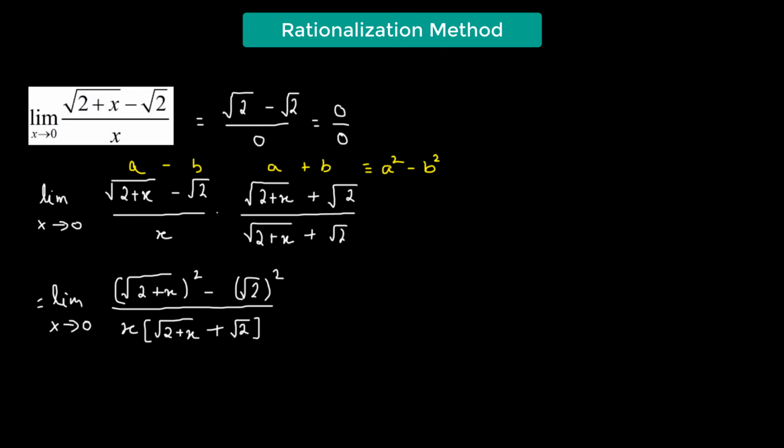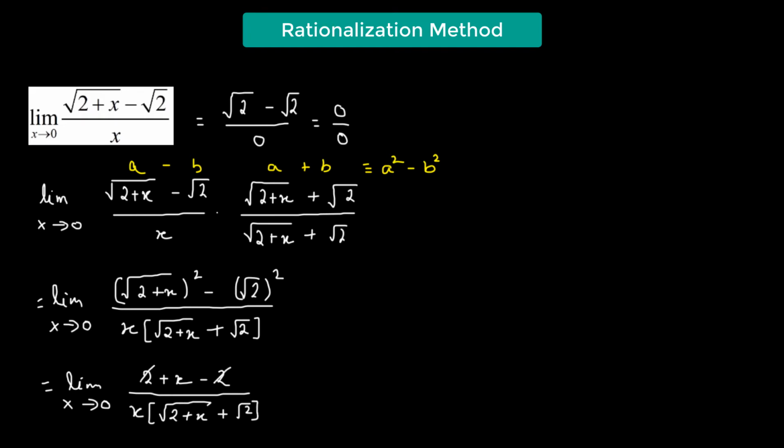So this will be equal to limit x approaching 0. Square root of 2 plus x whole squared will be simply 2 plus x minus 2, divided by x multiplied by the square root of 2 plus x plus square root of 2.